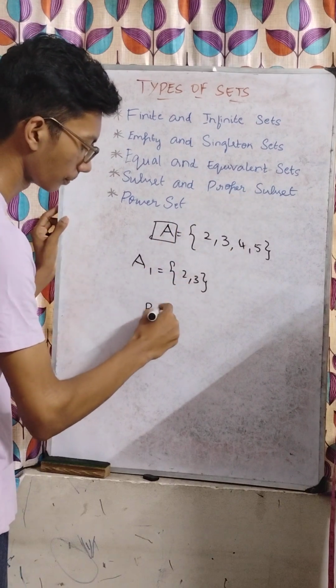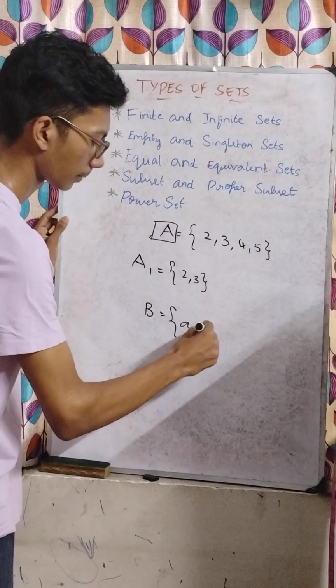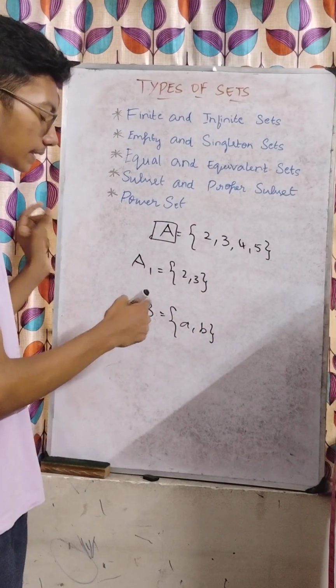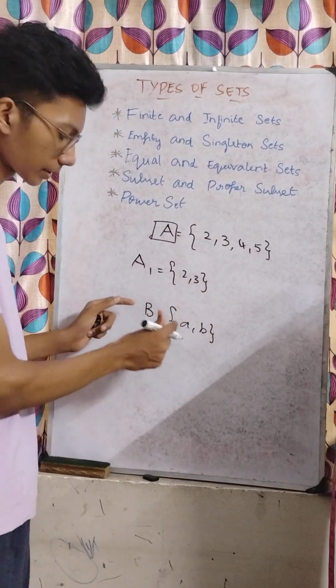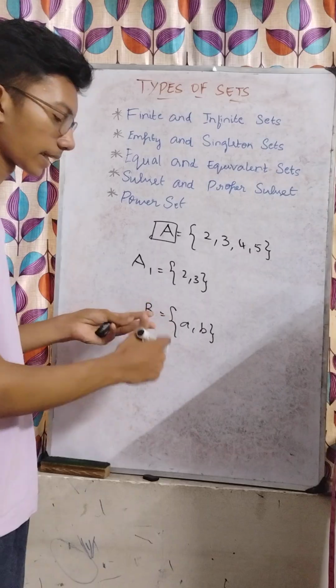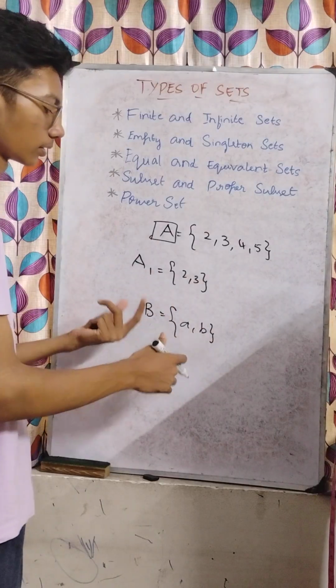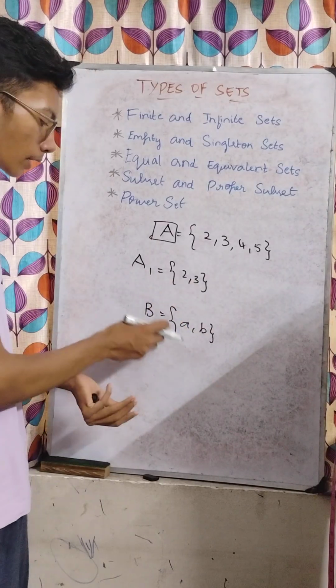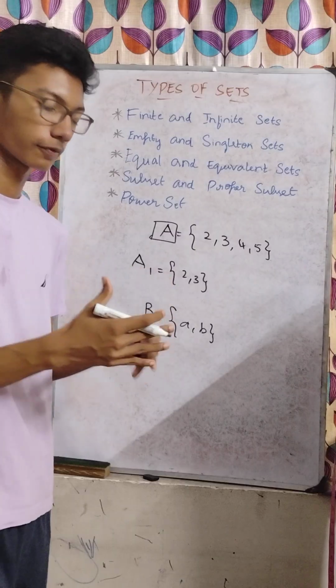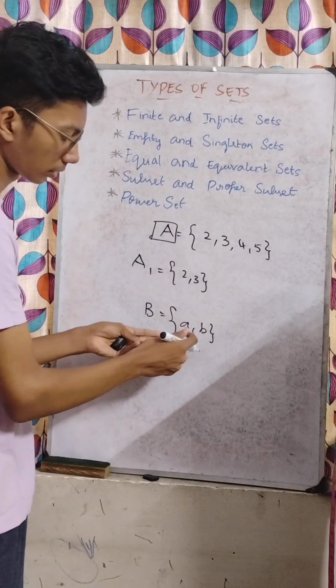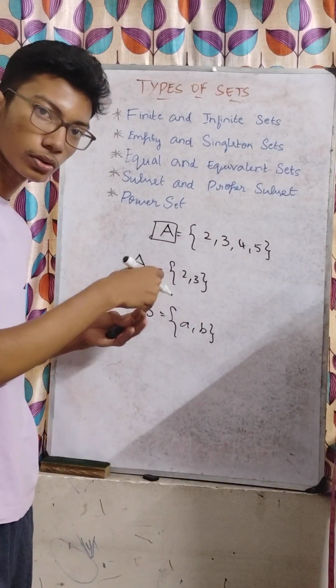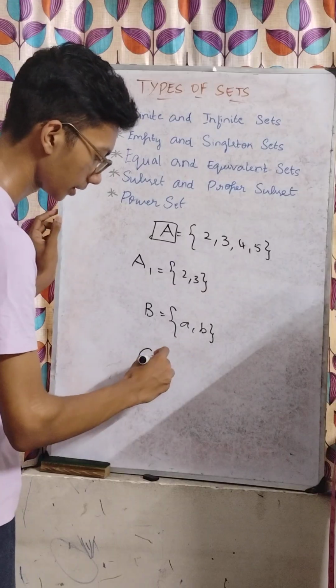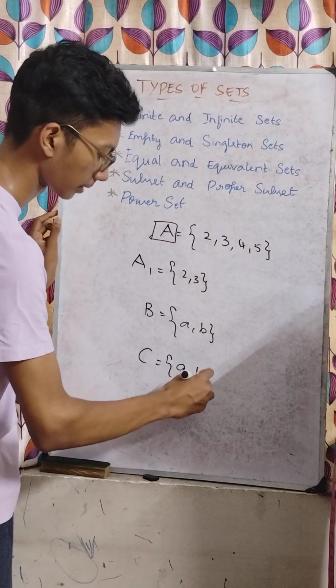Let's say we have B = {a, b}. Now B is a subset of B, because B can be determined by the values of B, that is {a, b}. But B is not a proper subset of B because every element in B is also in the other set. Let's say we have C = {a, b}.